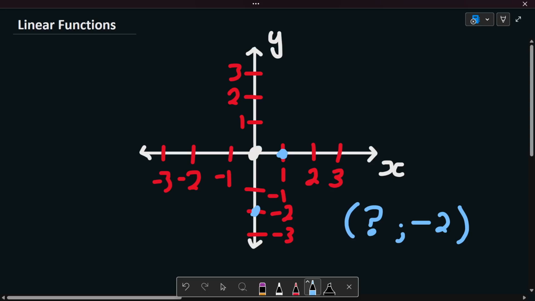Now, what would be the x coordinate? In this case, you would notice that it is in line with the origin point, where we know that the origin once again contains the coordinates 0 and 0, so the x coordinate will be 0 in line with y equal to negative 2, basically.